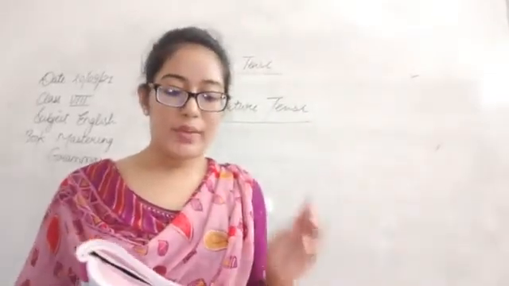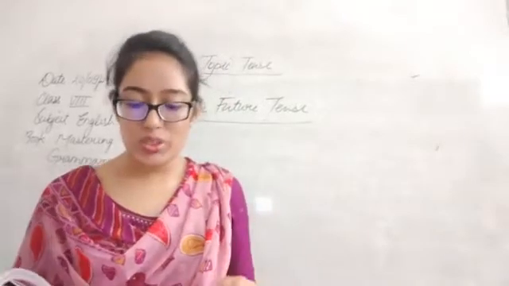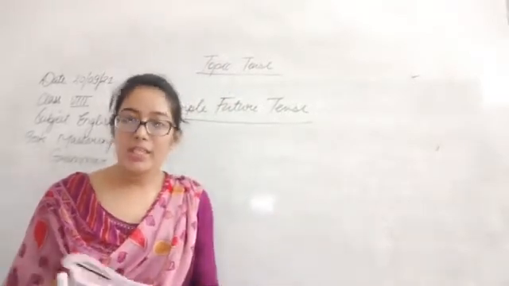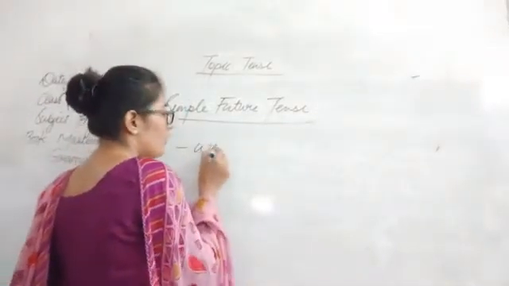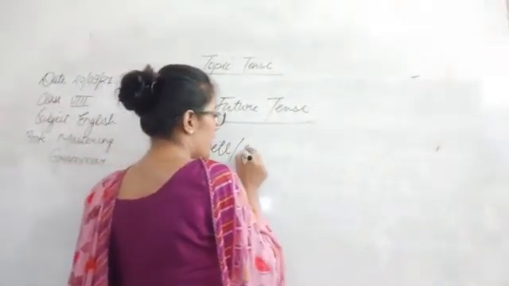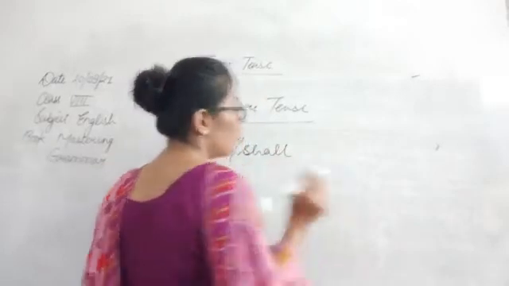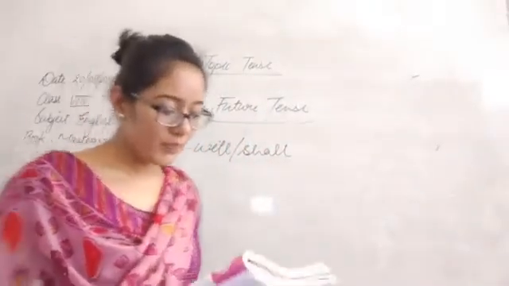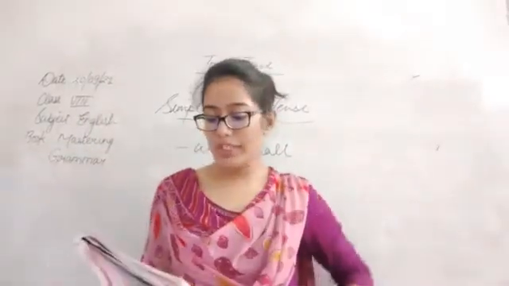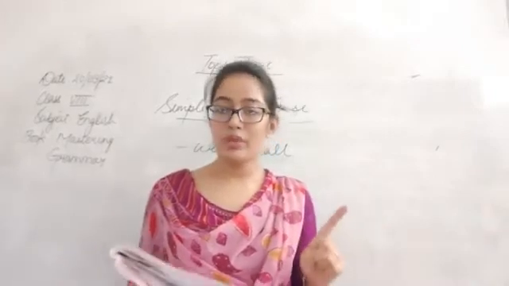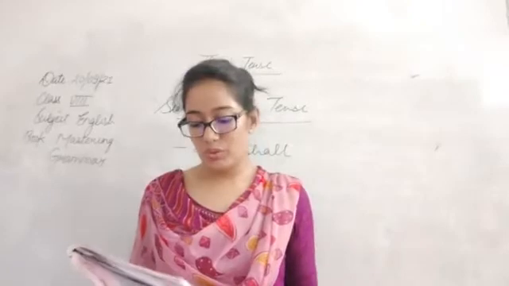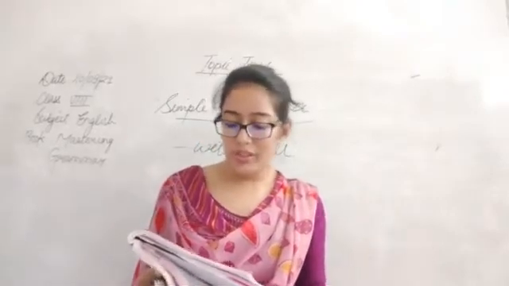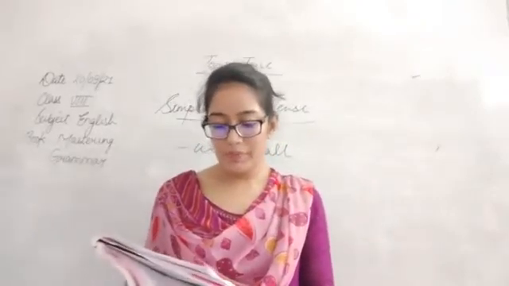Will and shall are used with verbs in the simple future tense. So in this we use will and shall with what? With verbs to express an action which will take place in the future, to express planned or intended action in the future, to refer to a general statement about the future.